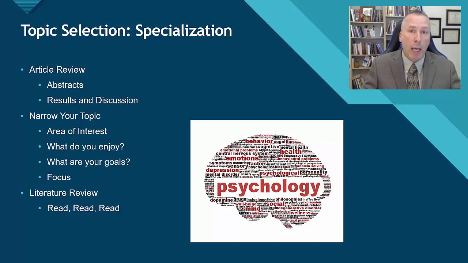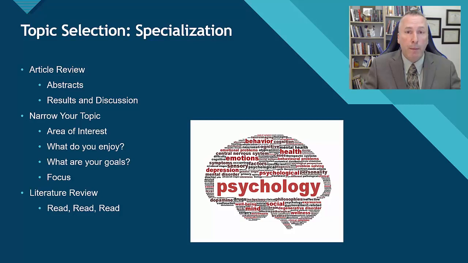I always recommend that you first review the abstract, the beginning of the article, and just see what that article is about. That may draw some interest into a topic that you're interested in. And then look at the results and the discussion. See what the outcome of the study was and what they discuss could be done in future research. That will help you also develop your topic.